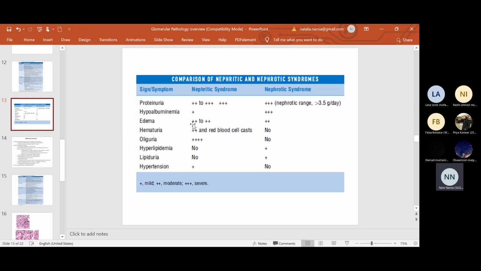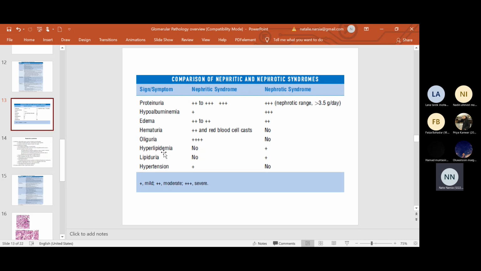Edema, just pay attention to the edema. You see it ranges here, but you have moderate edema, and you can have generalized edema. It depends on the stage, guys, okay? Hematuria you must not have in nephrotic syndrome, and I will talk about why. Blood you should not find in nephrotic syndrome. Oliguria you find in nephritic, but you should not find it in nephrotic syndrome.